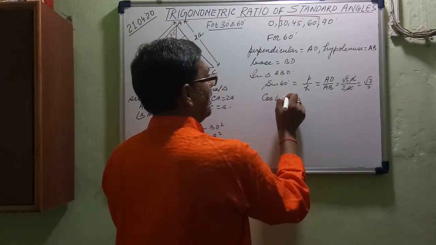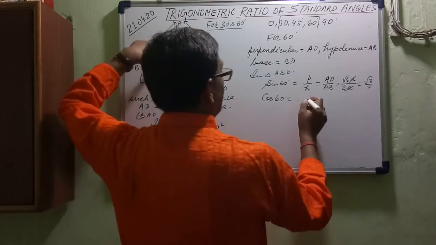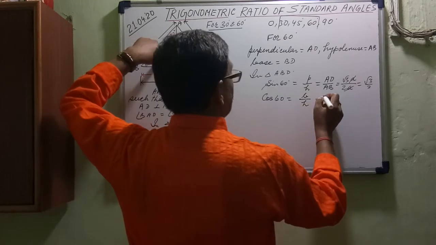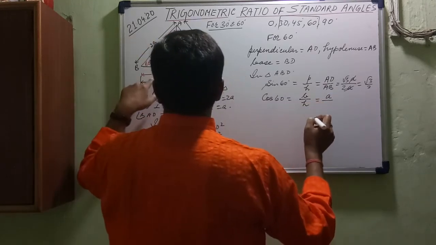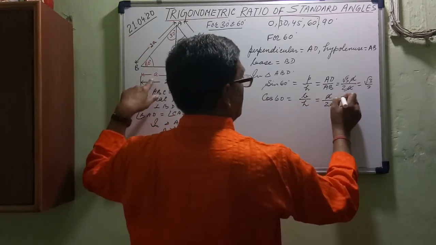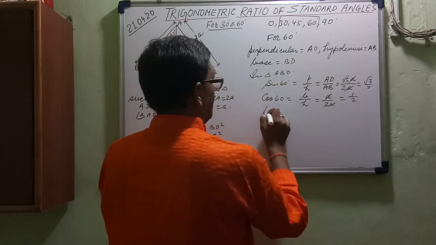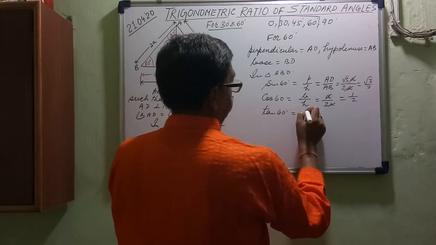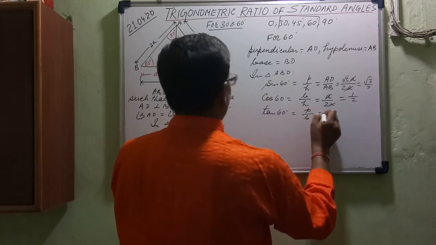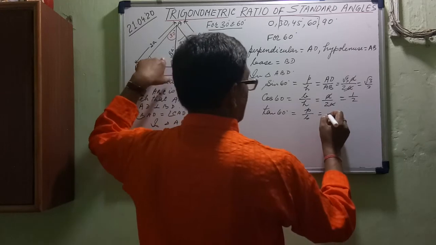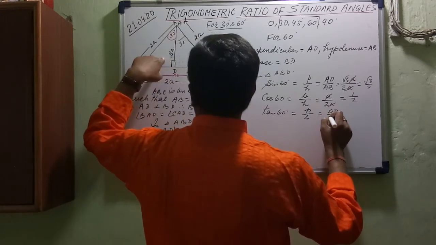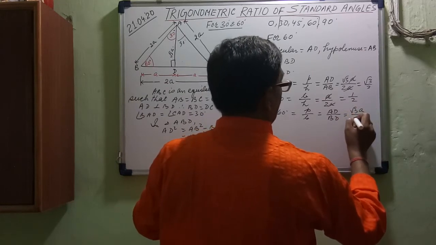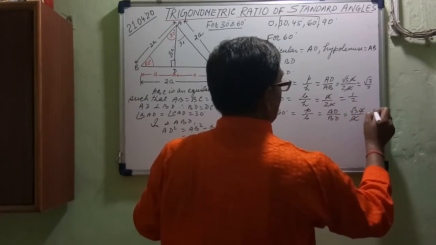Cos 60 degree is equal to B by H. B is equal to a by 2a, that is 1 by 2, and tan 60 degree is equal to P by B. What is P for this? Of course, AD by BD. AD is equal to root 3a by a, cancel, root 3.